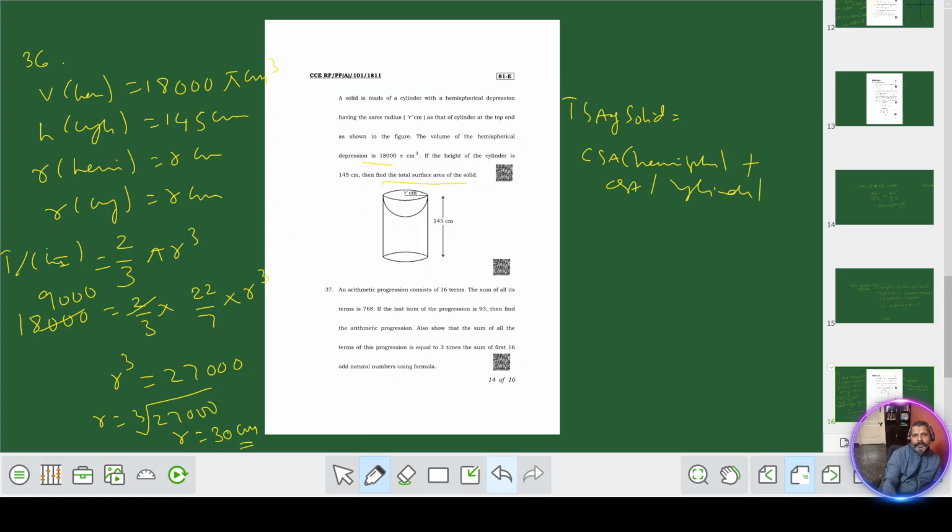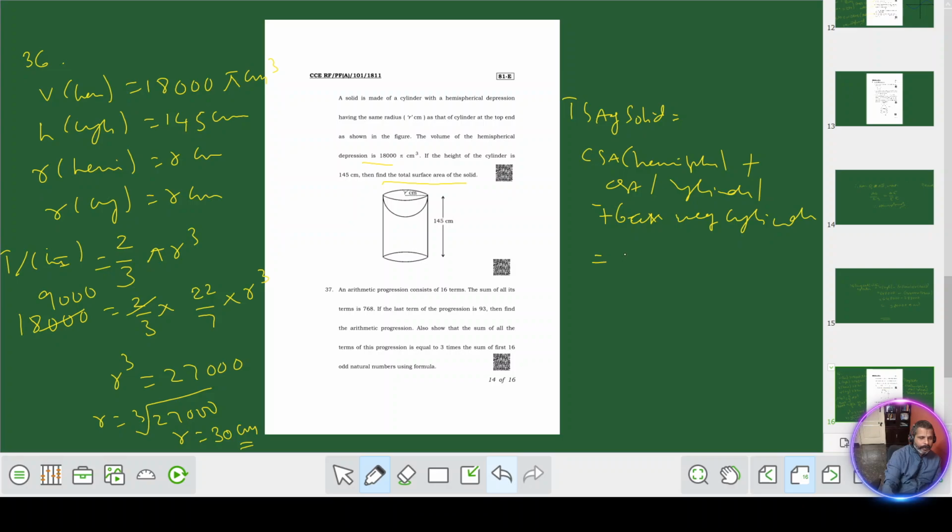When you get the CSA of cylinder, you get only the sides, the holding part, and CSA of hemisphere is the top part. But you have to consider the bottom part of the cylinder. So for that, you have to add base area of cylinder. CSA of hemisphere plus CSA of cylinder plus base area of cylinder.